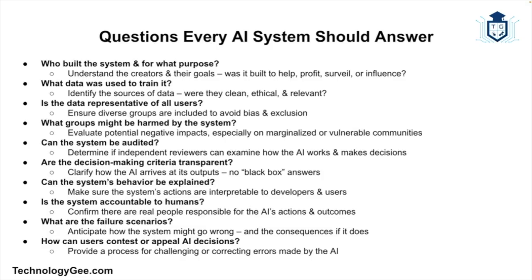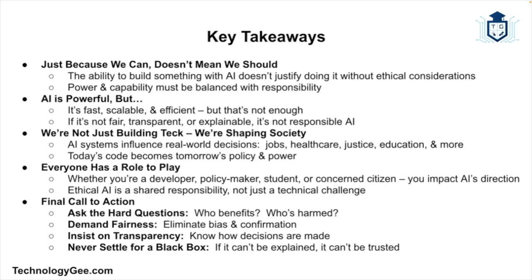Is the system accountable to humans? What are the failure scenarios? And how can users contest or appeal AI decisions? Now, if an AI system cannot answer those questions or its creators refuse to answer those questions, then that's a red flag.